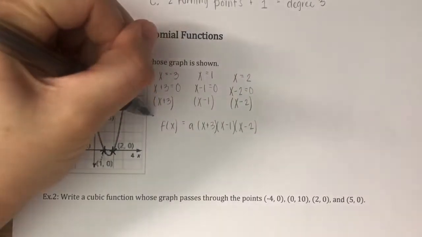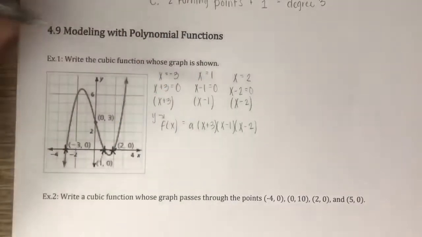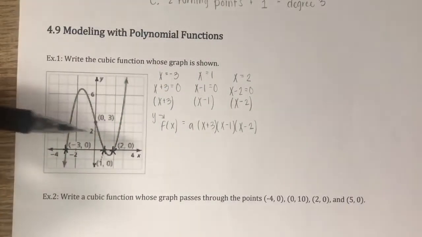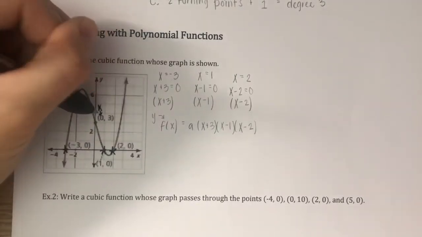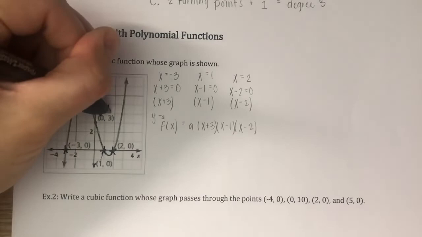We can substitute it into the function to solve for a. Since f of x and y are interchangeable, we're going to substitute in (0, 3) for x and y. So 0 will go in for x and 3 will go in for y.